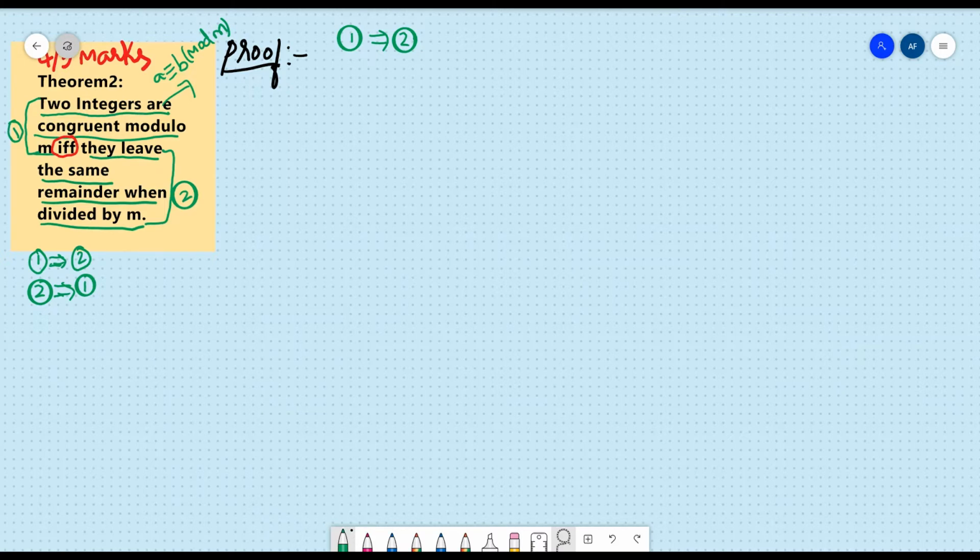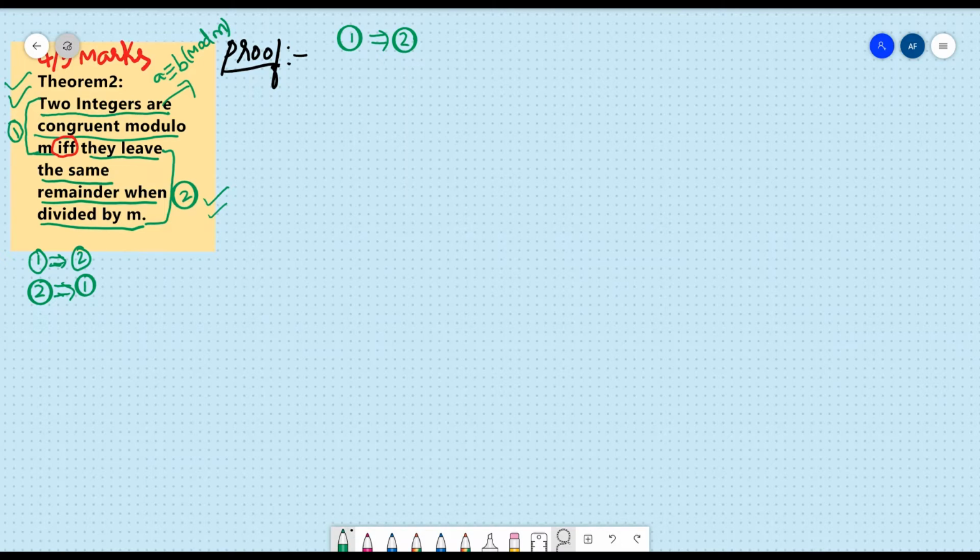If I consider 2, I should get the result 1. So this is the if and only if relation. If I consider this, I should get this, and if I consider this, then I should get this. That is the meaning of the if and only if relation.